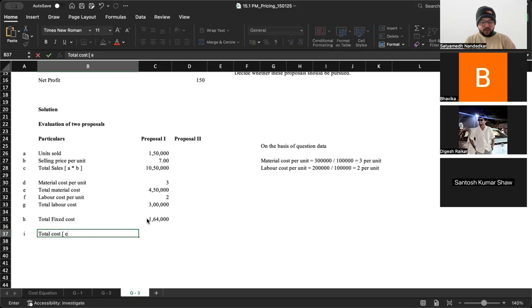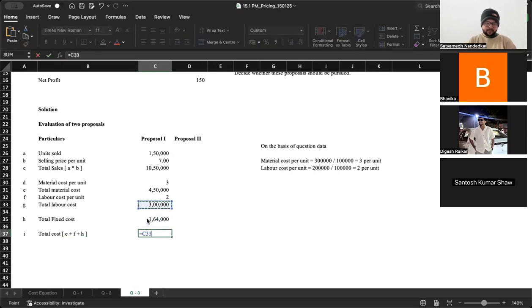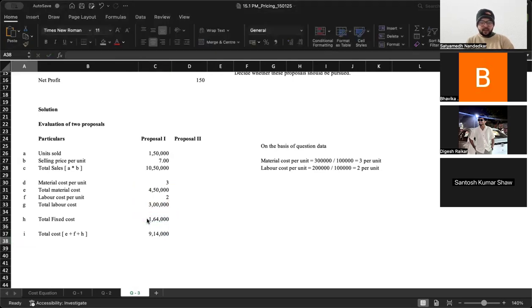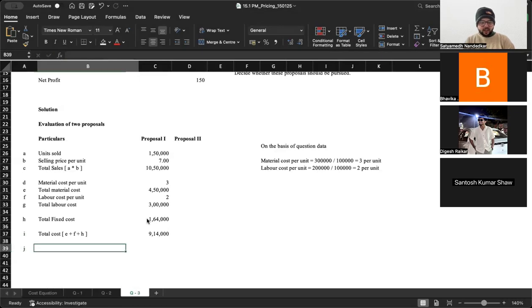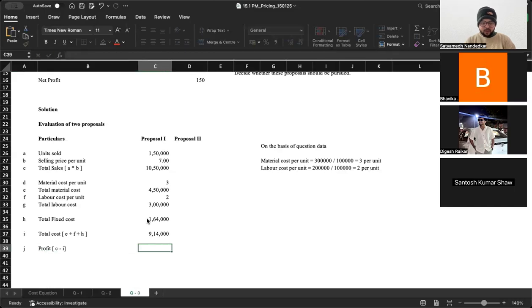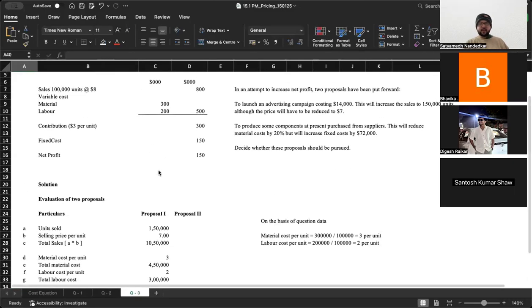Total cost में आएगा total material cost E plus labor cost F plus fixed cost H. 9,14,000. ठीक है. I and J. J is profit. Profit is C, that is total sales, minus I, that is total cost. कितना होगा? 10,50,000 minus 9,14,000, 1,36,000.